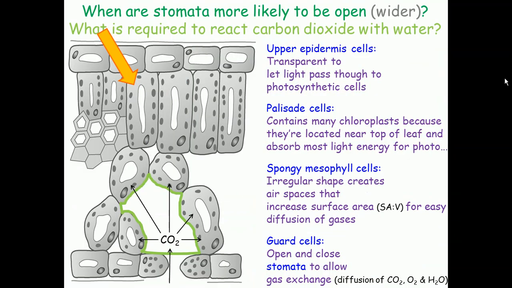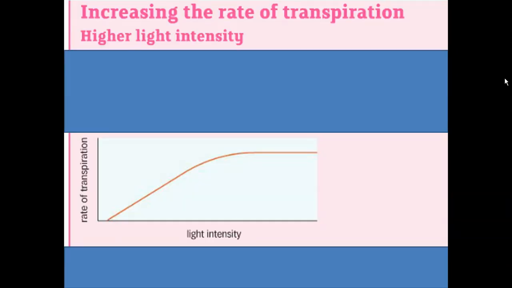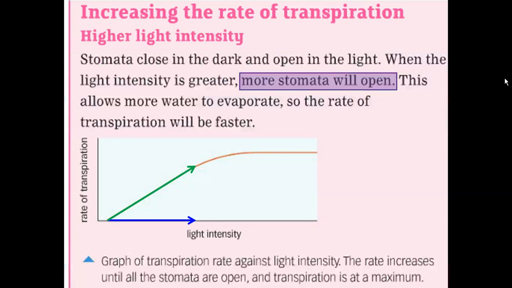The problem is, if you open the stomata, water vapor will diffuse out. So when there is more light, the stomata will open, but this will also cause water vapor to diffuse out. So when you increase the light intensity, the rate of transpiration increases, and that is because more stomata will be open. So that's what needs to be stated in the exam question.